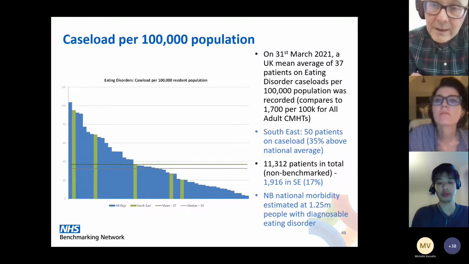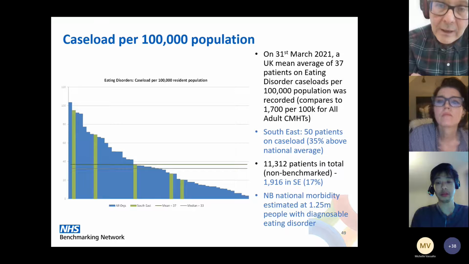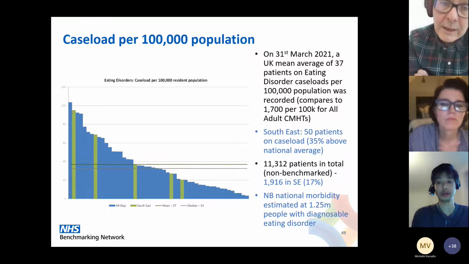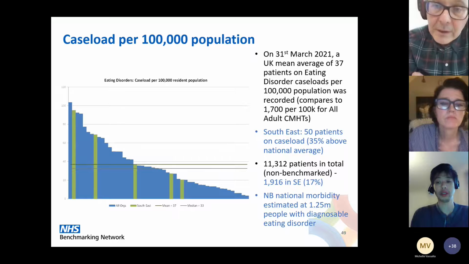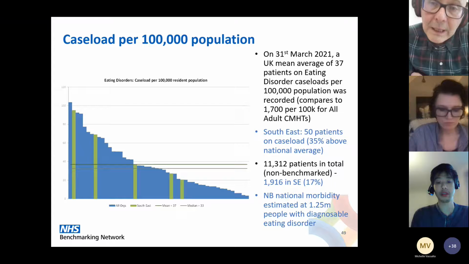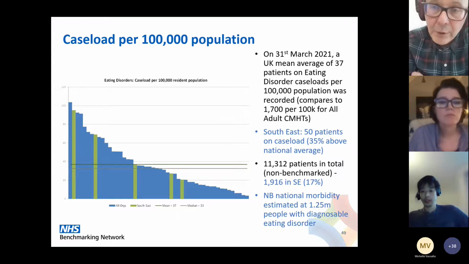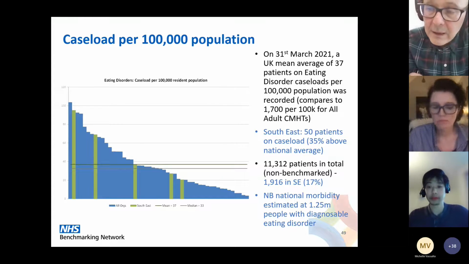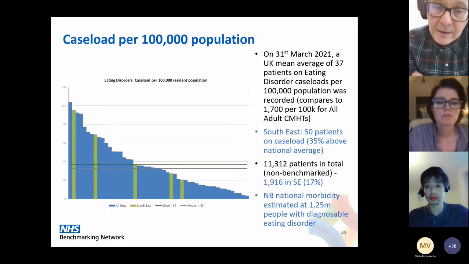We think the big issue, though, is that there's a huge treatment gap between where the NHS is as a whole in terms of the number of people being supported on caseload and the background population morbidity. For example, BEAT estimate that there are 1.25 million people in the UK with a diagnosable eating disorder.